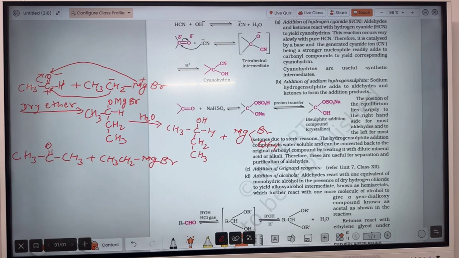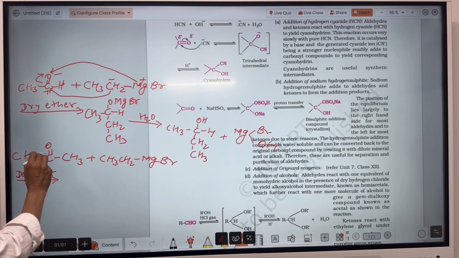So ethyl magnesium bromide. Now we are reacting the propanone with the Grignard reagent ethyl magnesium bromide, and the solvent is dry ether.